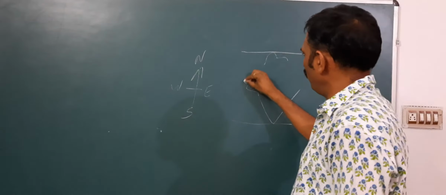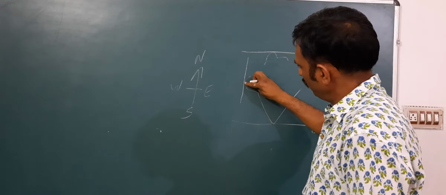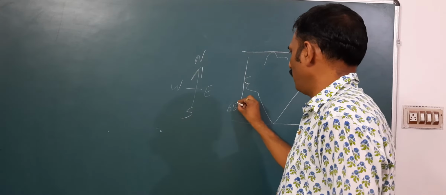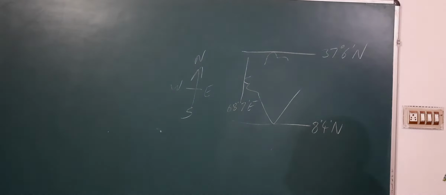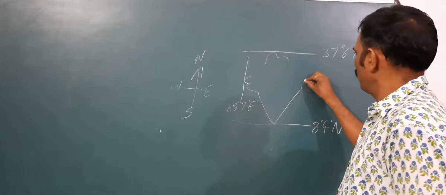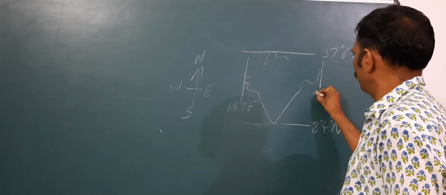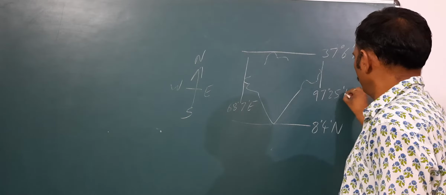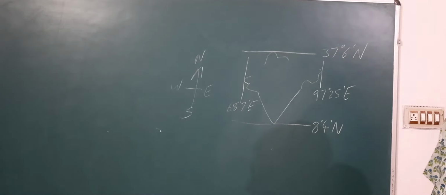If we talk about the westernmost, this is 68 degree 7 minute east, and the easternmost is 97 degree 25 minute east.